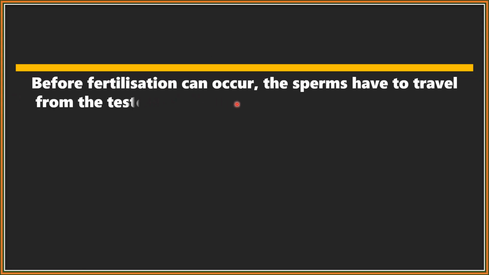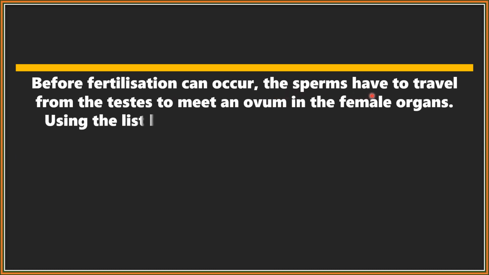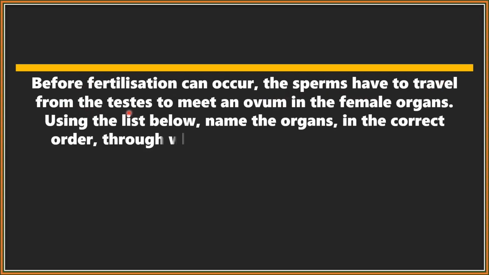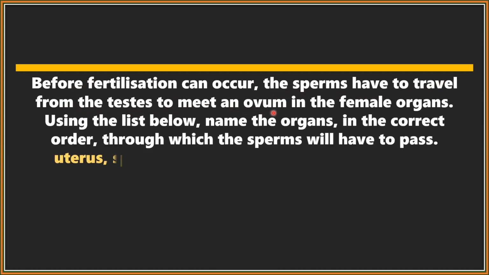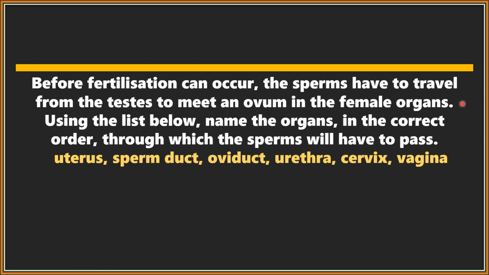Before fertilization can occur, the sperm have to travel from the testes to meet the ovum in the female organs. Using the list below, name the organs in the correct order through which the sperm will have to pass: uterus, sperm duct, oviduct, urethra, cervix, vagina.